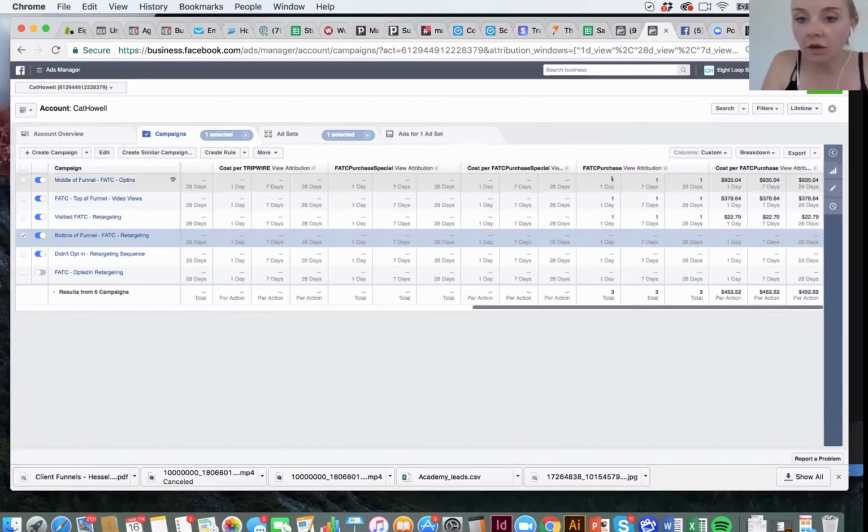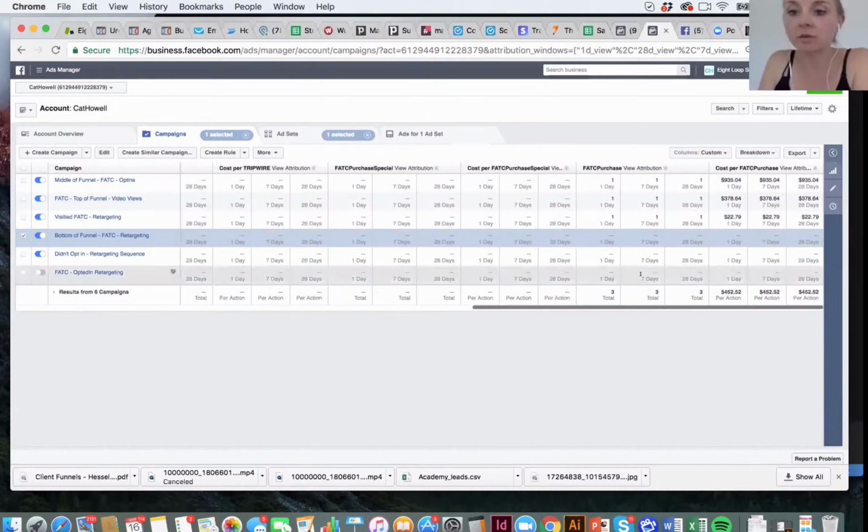If this was number 1 and this was number 3 and this was a number 7, what it would mean was that one person bought on the first day they saw or clicked on your ad. Then if this was 3, it means that 2 people bought within day 1 and 7. So it took them 7 days to purchase. And if this was 7, it would mean that 5 people bought between day 7 and day 28.